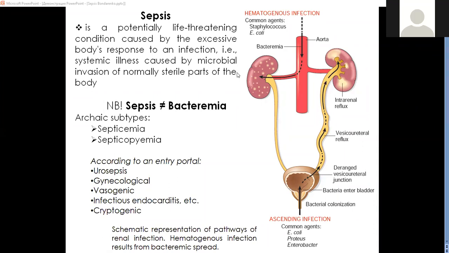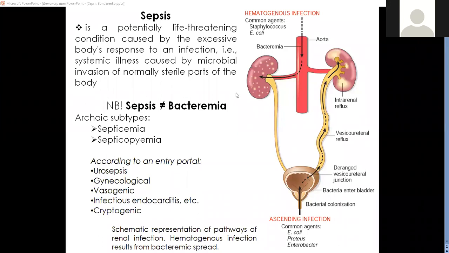And let's figure out why in some cases the bacteria and viruses produce only local effects, but in other cases they produce a systemic effect like this.